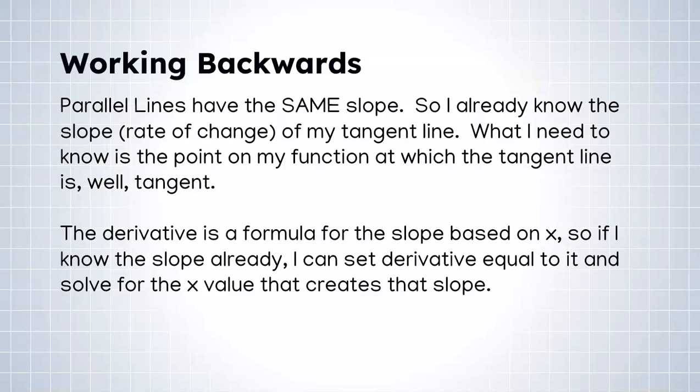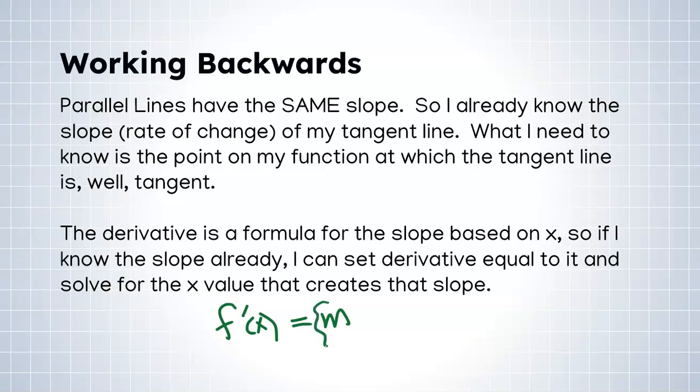Now, here's where the derivative is going to come in. The derivative is a formula for the slope based on x. So if I know the slope already, I could set the derivative equal to it and solve for the x value that creates that slope. Let me explain that one more time. What is f prime of x? The derivative. The derivative is a formula to find what? The slope.